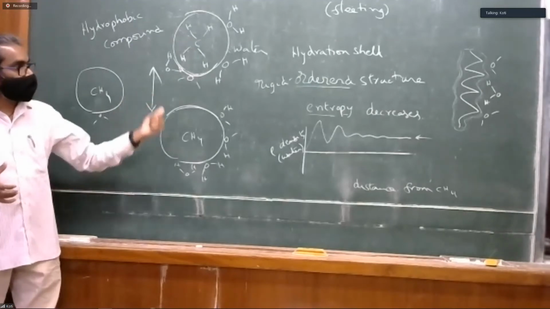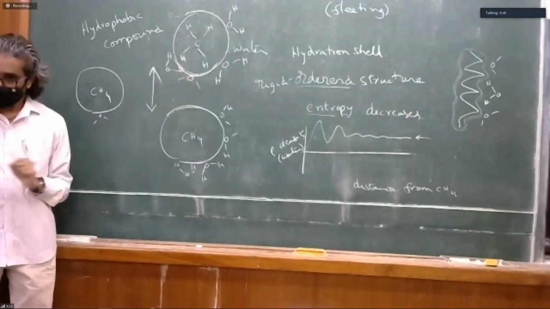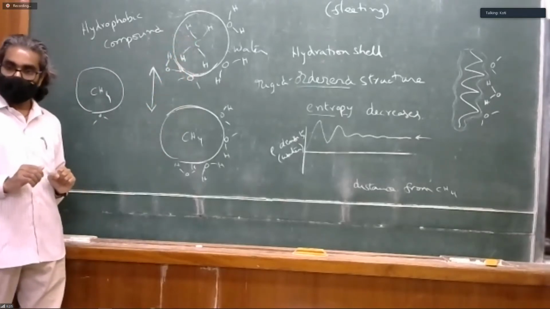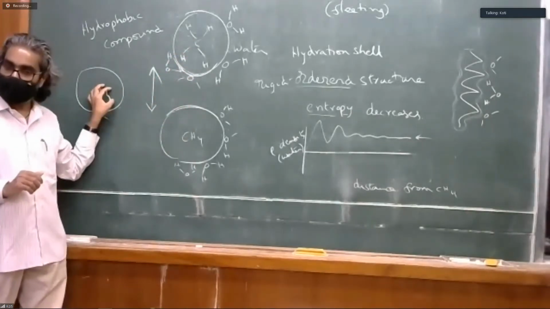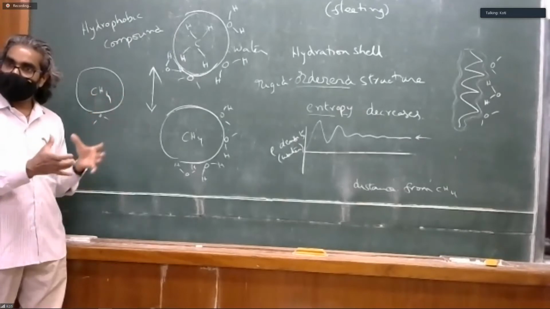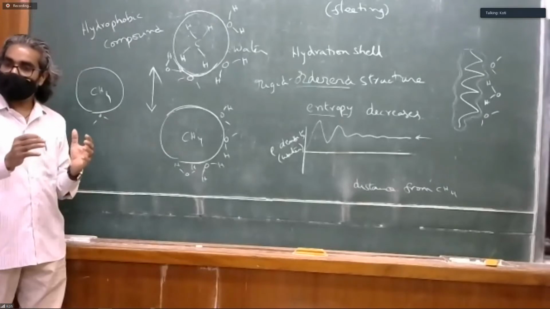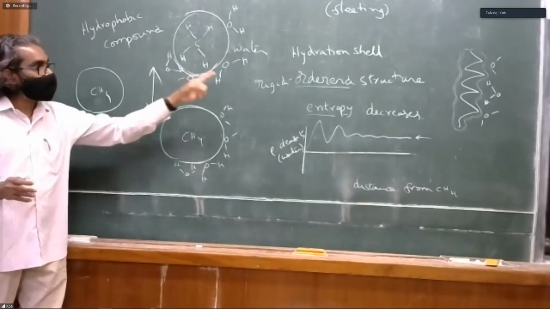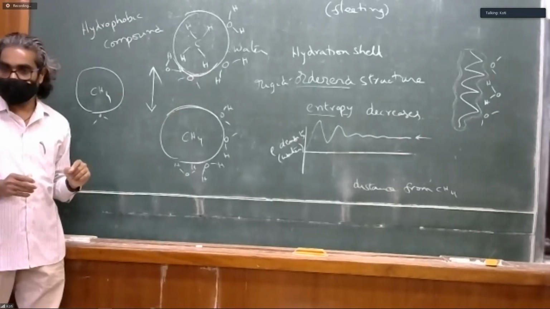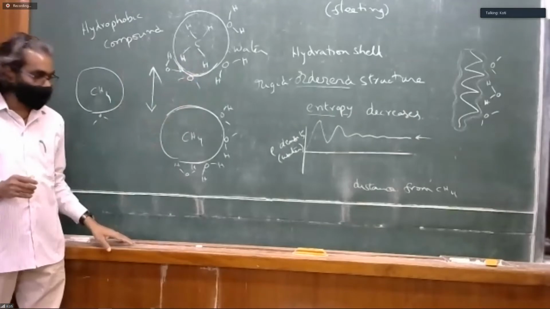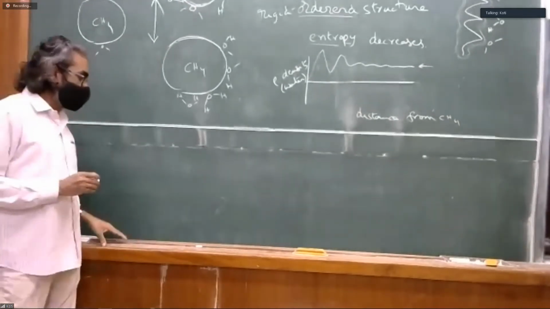So if you have many hydrophobic surfaces in water, it's good to combine all these hydrophobic volumes into a single entity, so that the surface area is minimized and your water ordering problem is reduced, rather than having individual pieces. This is exactly what happens in proteins.